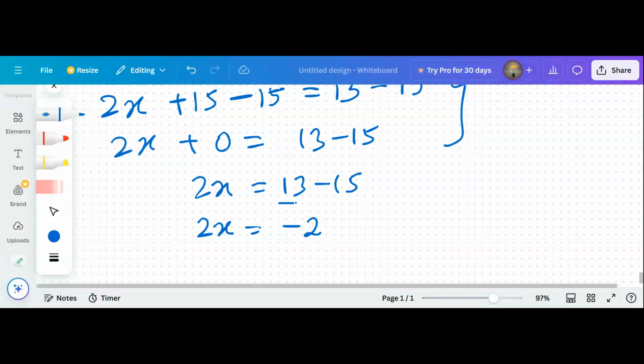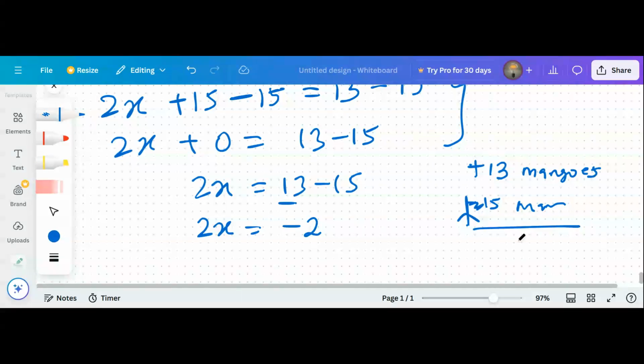Now 2x is equal to 13 minus 15, which means minus 2. 15 is a larger number than 13. If you don't know this calculation, think like this. Plus means you have it. Let's say you have 13 mangoes. Minus means you have to give. You have to give 15 mangoes to some other person.